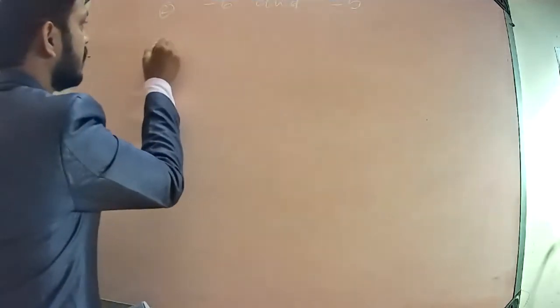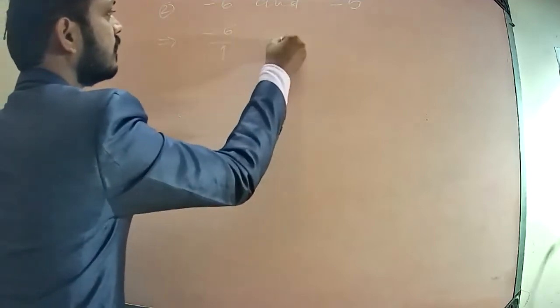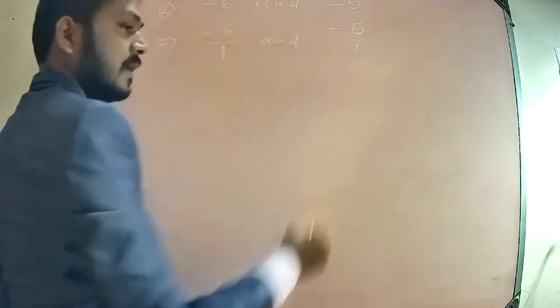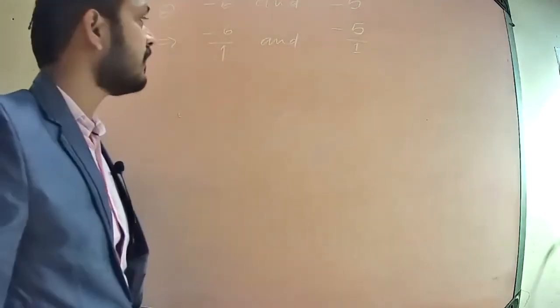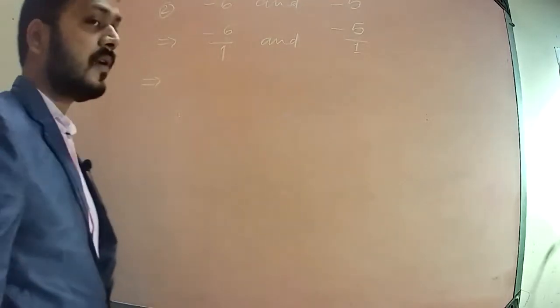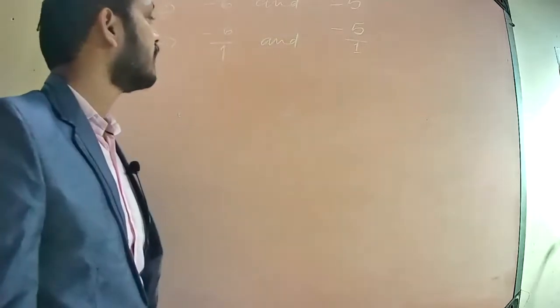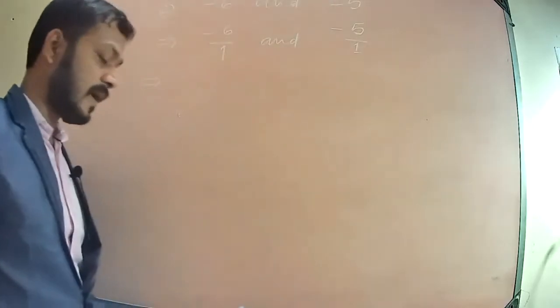We can write here minus 6 is equal to minus 6 by 1 and minus 5 is equal to minus 5 by 1. So minus 6 and minus 5 are confirmed to be rational numbers. So we can find rational numbers between them, but how? Multiplying their numerator and denominator by such numbers.